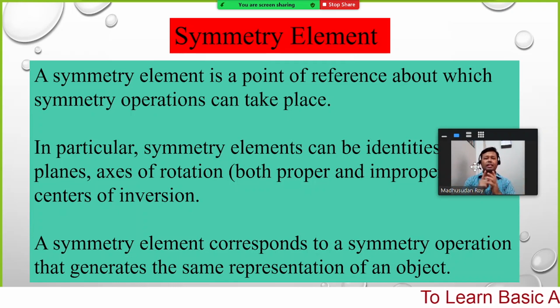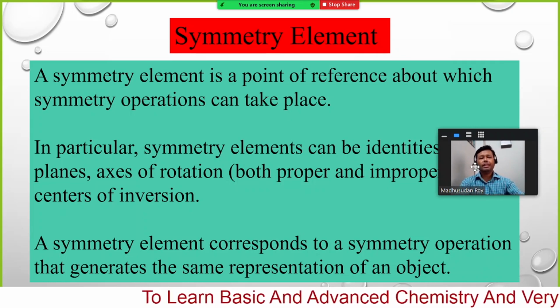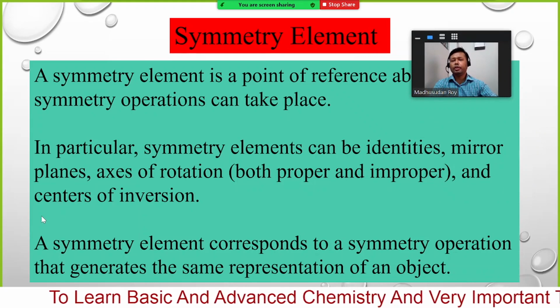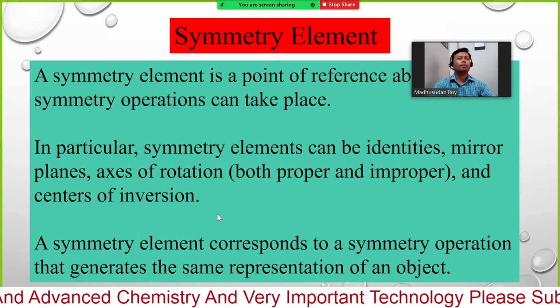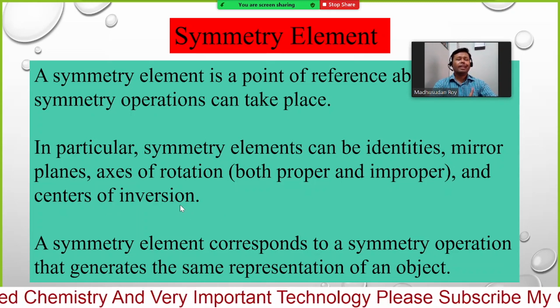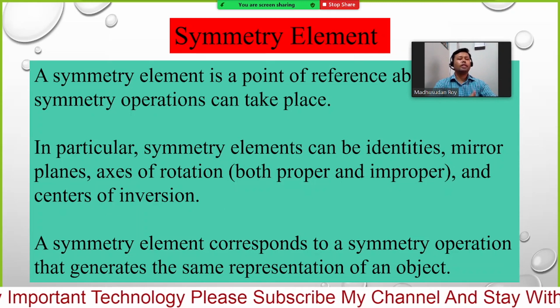So this line will be the symmetry element. In particular, symmetry elements can be identified as mirror plane, axis of rotation, both proper and improper, center of inversion, and others. Mainly we consider 5 different types of symmetry elements and symmetry operations.